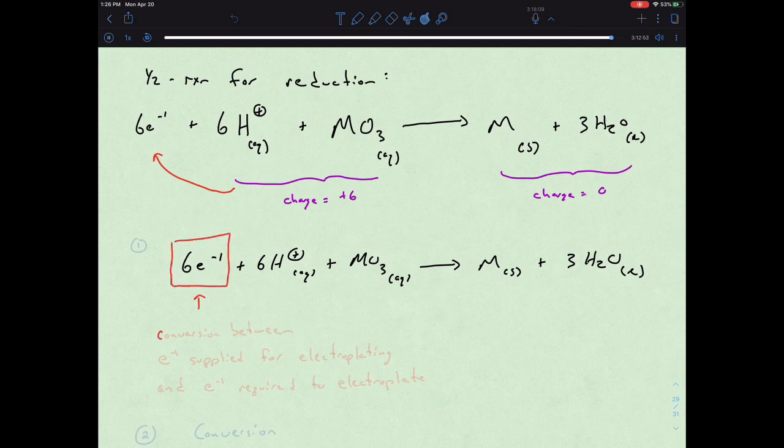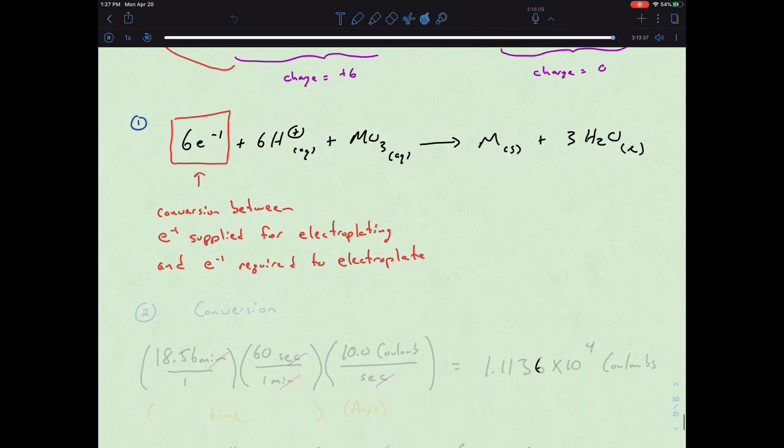This is now the conversion between electrons supplied for the electroplating and electrons required to electroplate. So that was really our step 1, getting at a half reaction for the electron count.